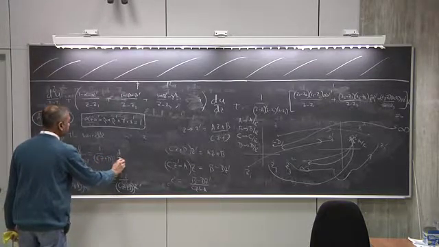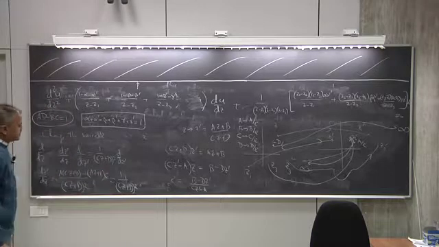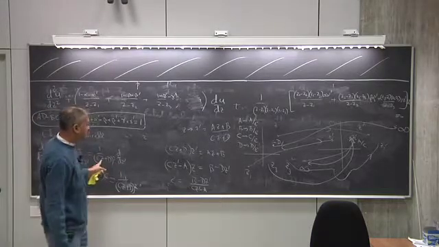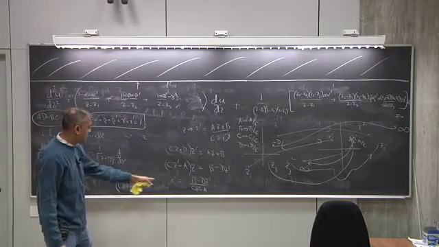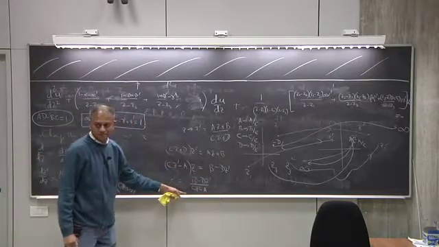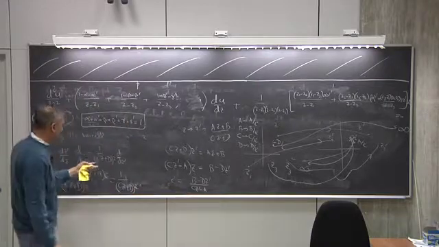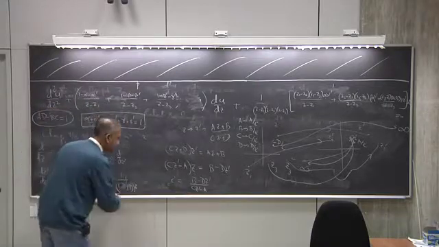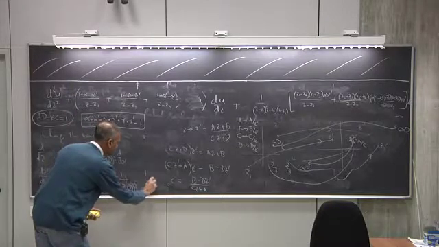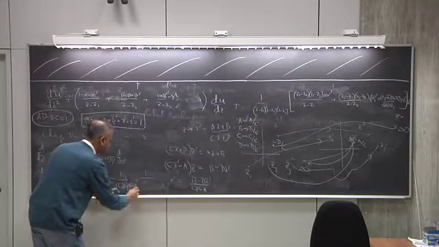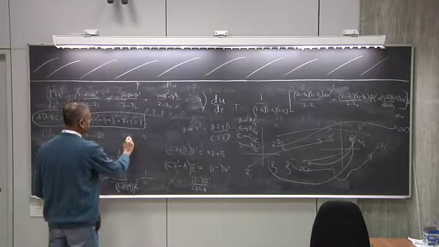This is 1 over cz plus d squared, times d by dz prime. Actually, you can now express this back in terms of z prime by using this equation. So this is the same as 1 over c times this guy. What is cz plus d?